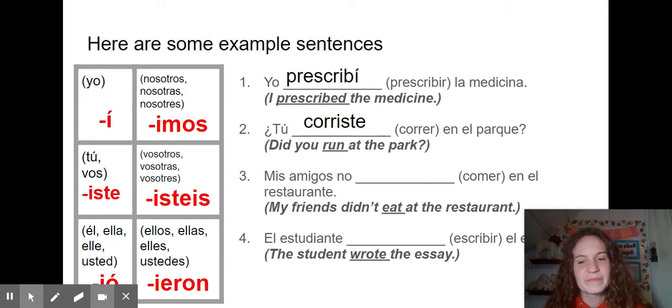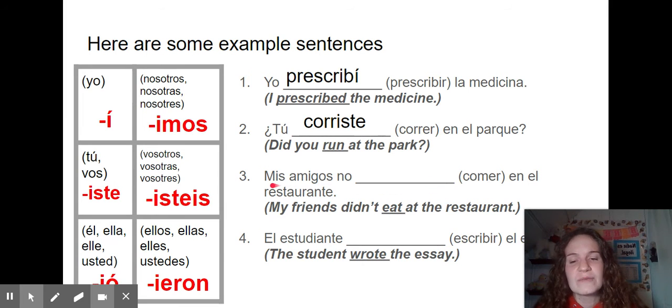Or at the park? Number three, mis amigos no comer en el restaurante. My friends did not eat at the restaurant. Now, the action that did not occur in the past is eating, comer. So I take off that ER. So all I have is com. And now I have to figure out what ending to add depending on what the subject is.